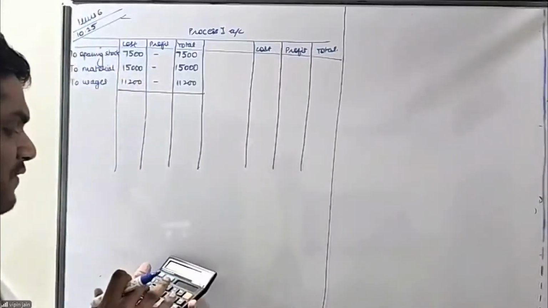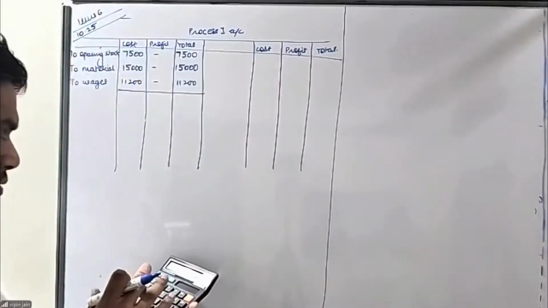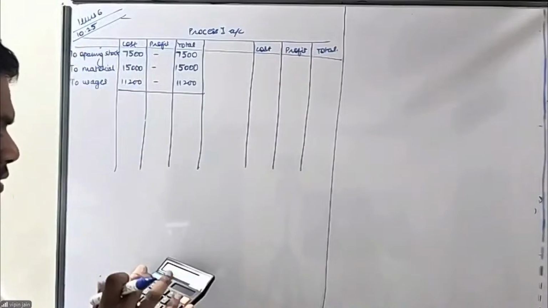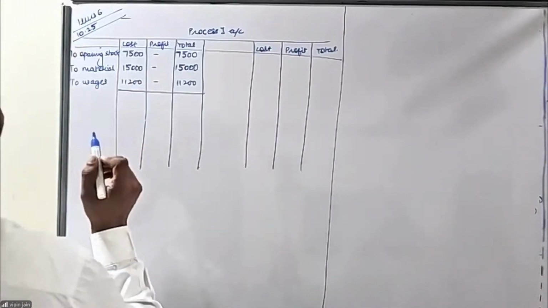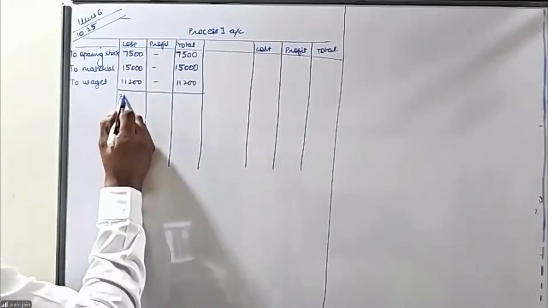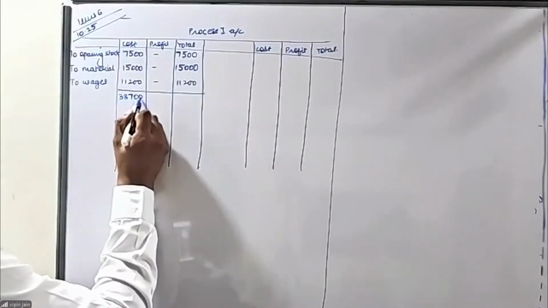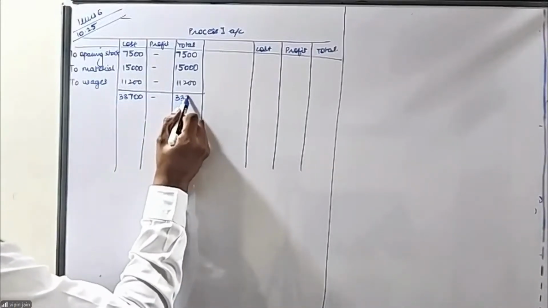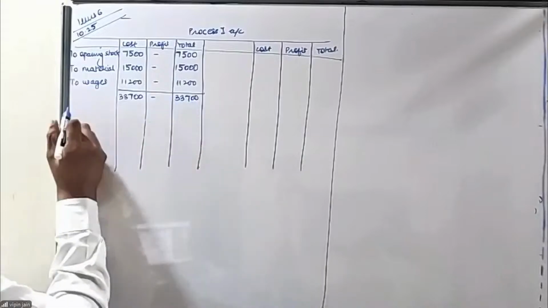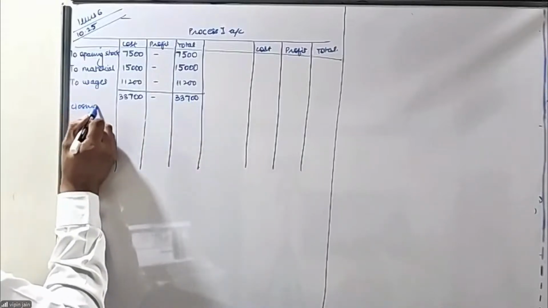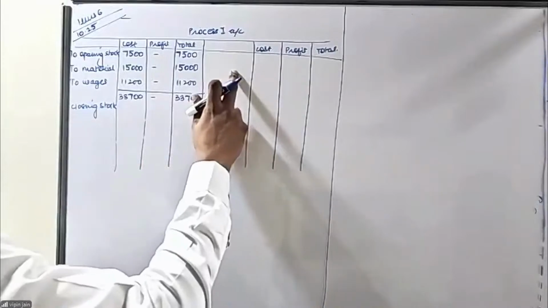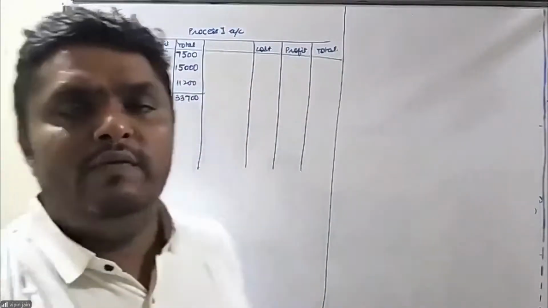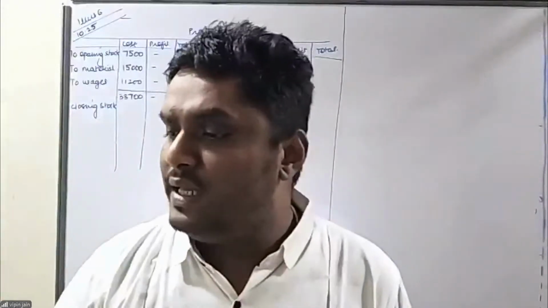So 7,500 plus 15,000 plus 11,200. So this will be 33,700. We'll subtract the closing stock here only. Alternatively, we can show it on the credit side also, or we can subtract it here. Both the approaches are correct.